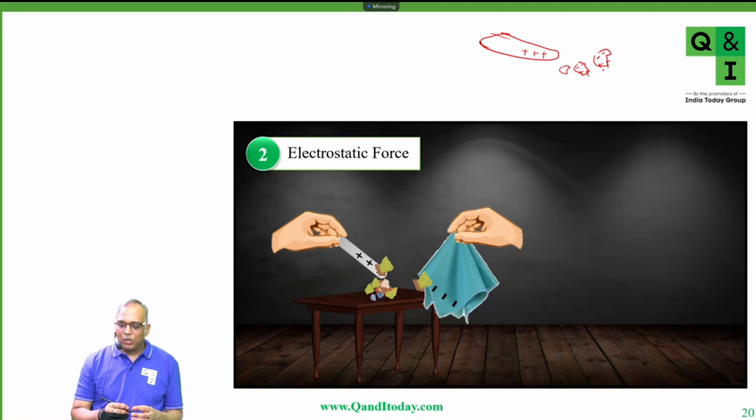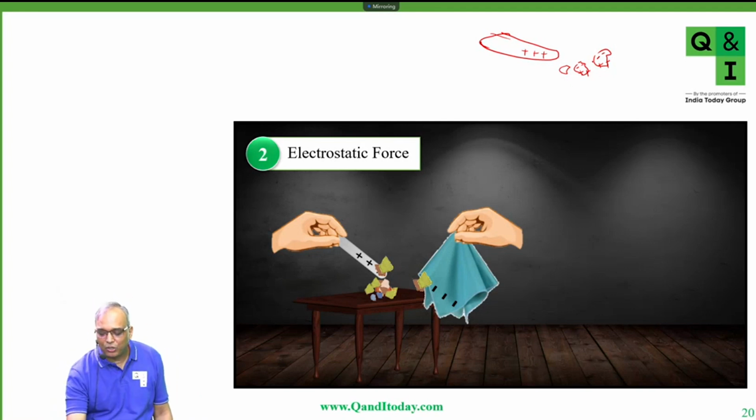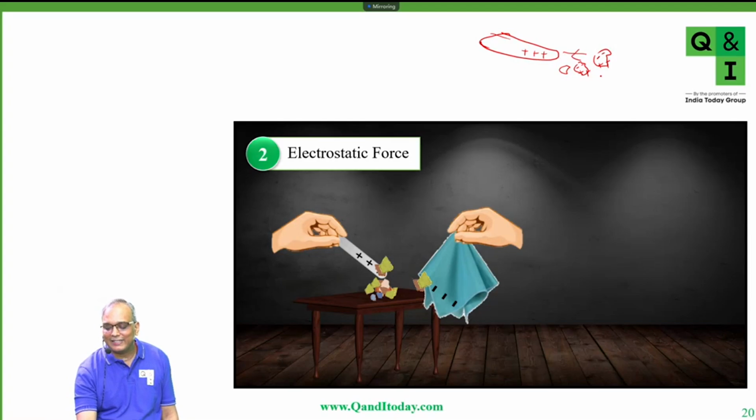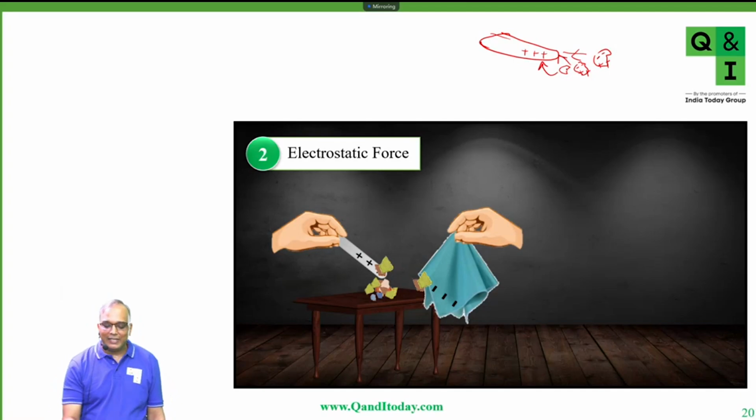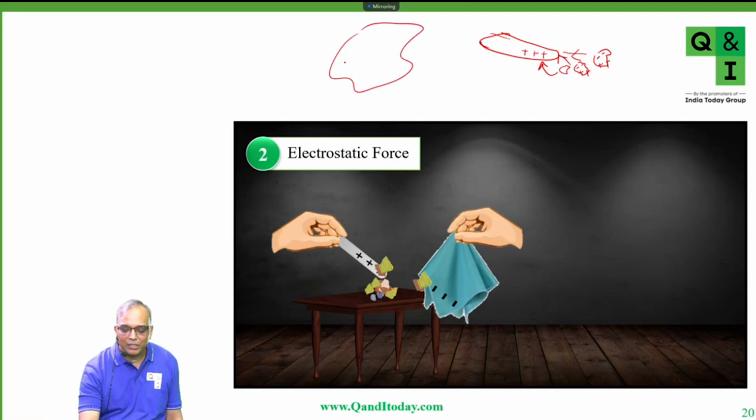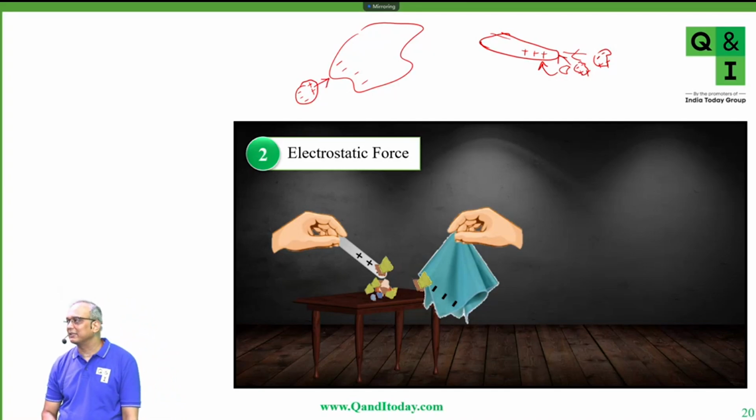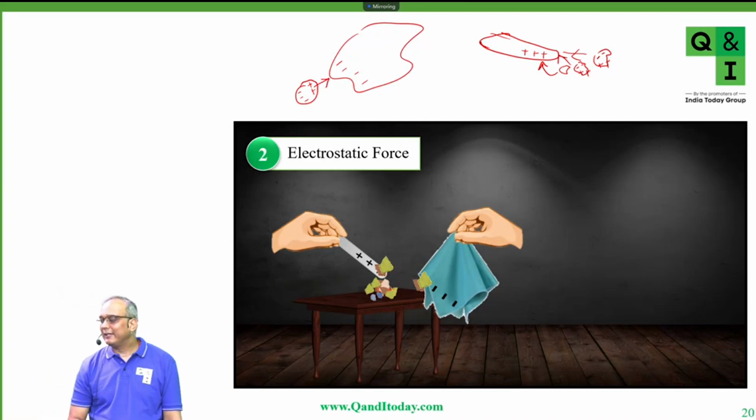Okay, so because unlike charges attract, negative charges come near and they attract these bits of paper, so the bits of paper get attracted towards the positive charge. In the case of the silk cloth, because it is negatively charged, the positive charge in the bits of paper will be attracted towards it, and that's why the bits of paper get attracted to it. Is it clear?